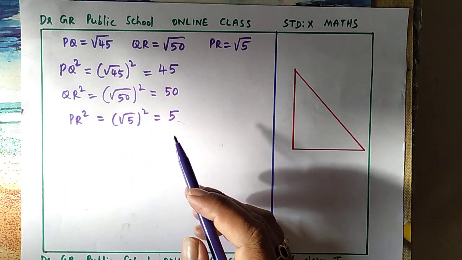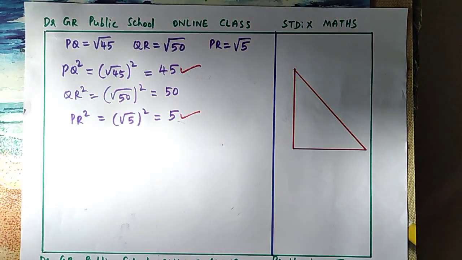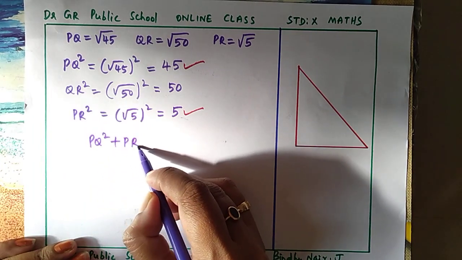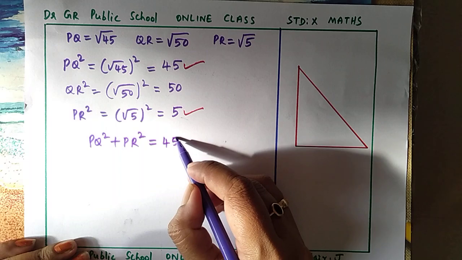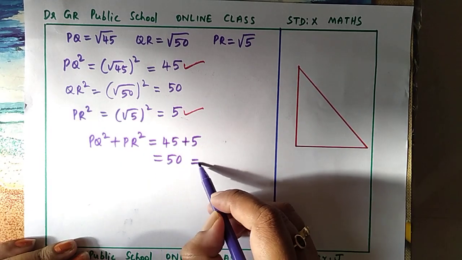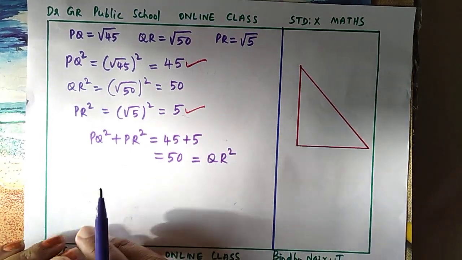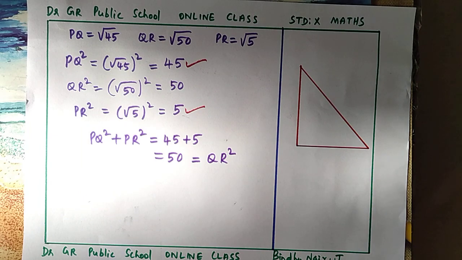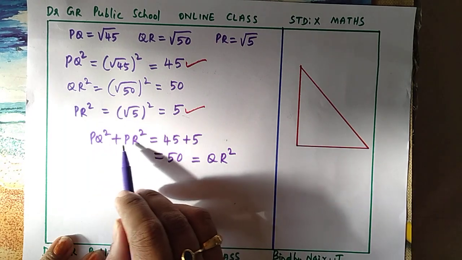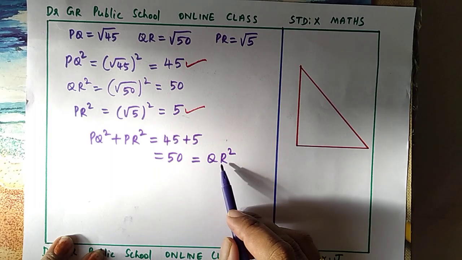What happens when you add PQ square and PR square? PQ square plus PR square, you will get 45 plus 5. And what is 45 plus 5? 50. And what is 50? Our QR square. So that means in this triangle, when you find the square of the 3 sides, the sum of the squares of 2 sides came equal to the square of the third side.